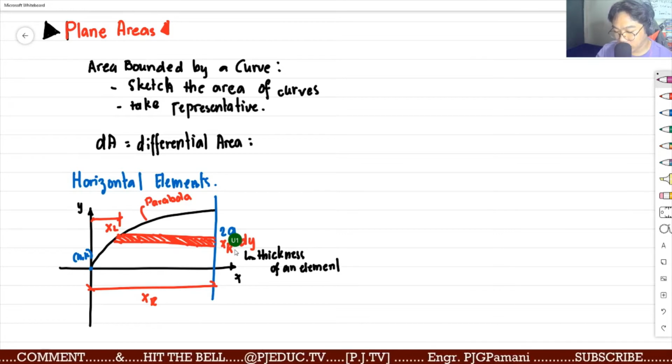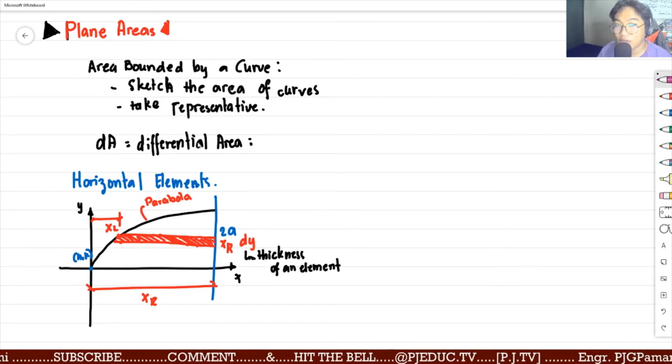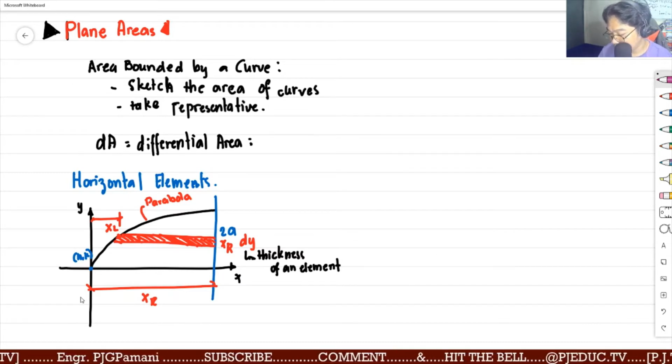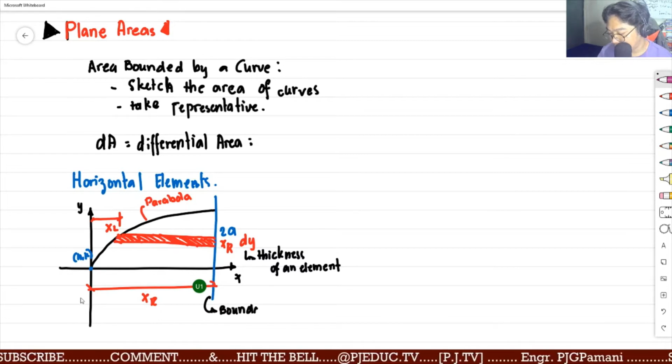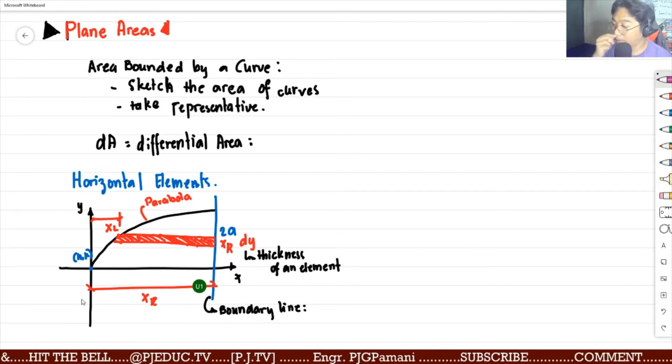Kaya dy, kasi hindi pa naman natin sure kung ano yung thickness na yan. Kasi nga, we need to differentiate it first to identify the thickness. Or nag-take tayo ng representative strip which will define the area of the curve. And this one is our boundary line.